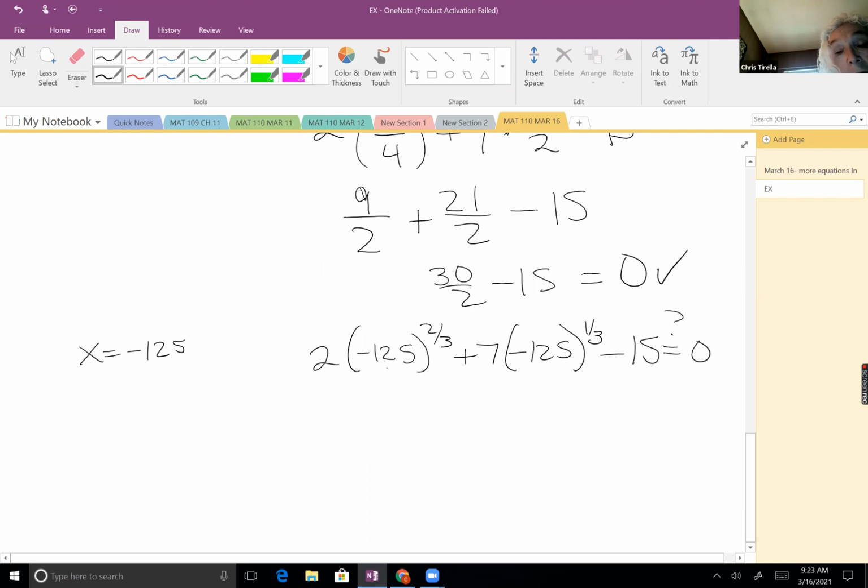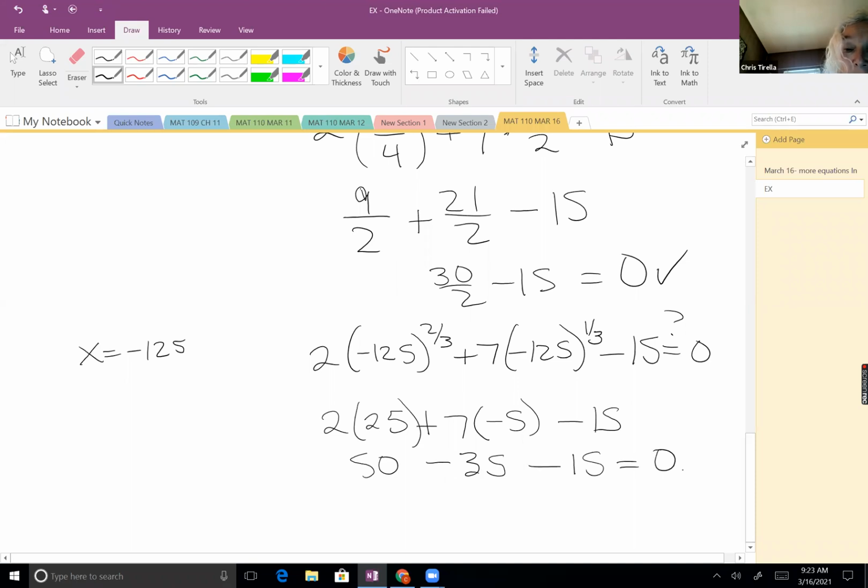So the cube root of that would be -5. Squared would be +25. So that's 2 times 25 plus 7 times, again, the cube root of that is -5, minus 15. That is 50 minus 35 minus 15, which is 0, and it also checks.